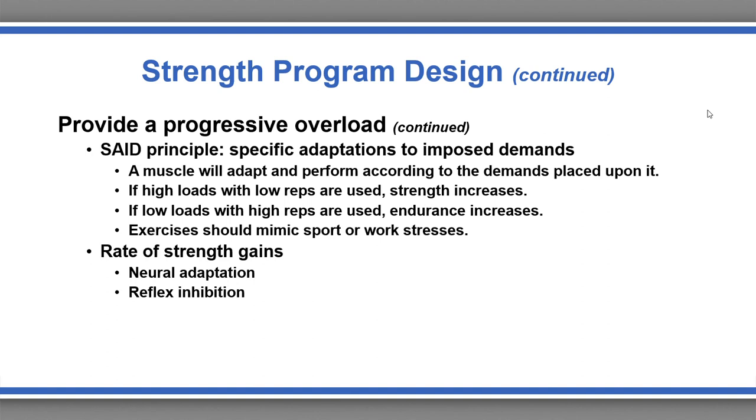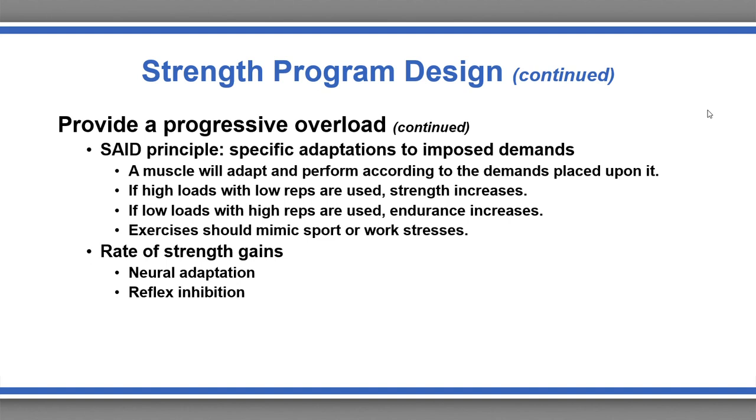And the examples that we provide here are, if you have a high load with a low repetition used, then muscle strength is most likely to increase. Conversely, if you have low loads with high repetitions, then endurance will increase.